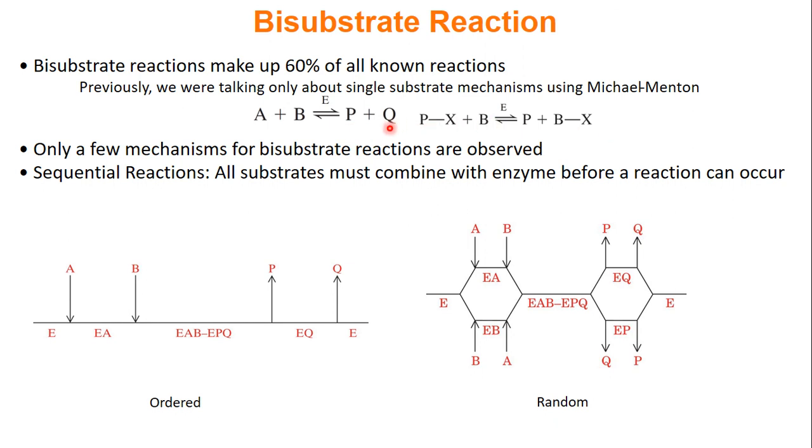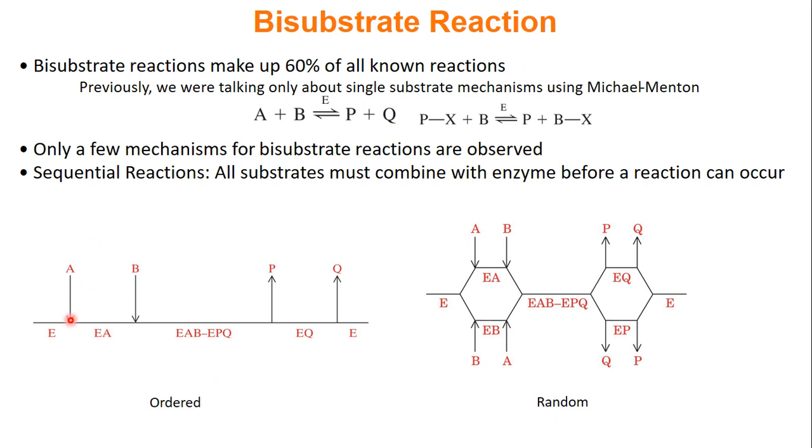And really, you only have a few ways that a bi-substrate reaction could happen. The first is sequential. In the sequential mechanism, all substrates combine with the enzyme before a reaction can occur. And you have two types: an ordered sequential reaction or a random sequential reaction.